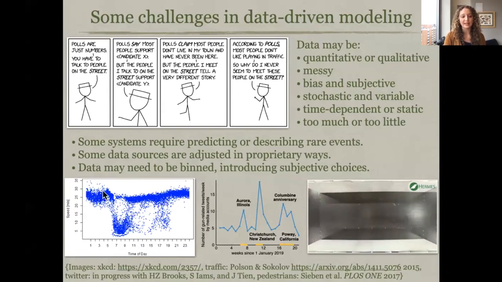This is empirical data. Then at rush hour, the speed of the cars drops down. We did expect that. It pops back up, and then you have nice fast car movement for the rest of the day. But what you'll notice is there is some variability here. If you were to just do a least squares fit of this data, you might not be capturing all of this variability, where these are rare events where maybe there was an accident on the road.